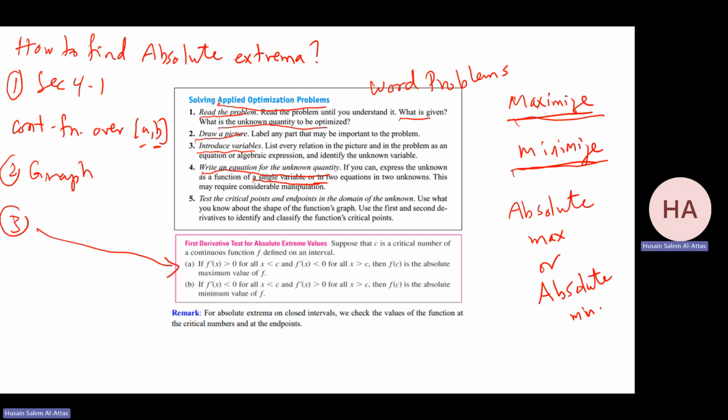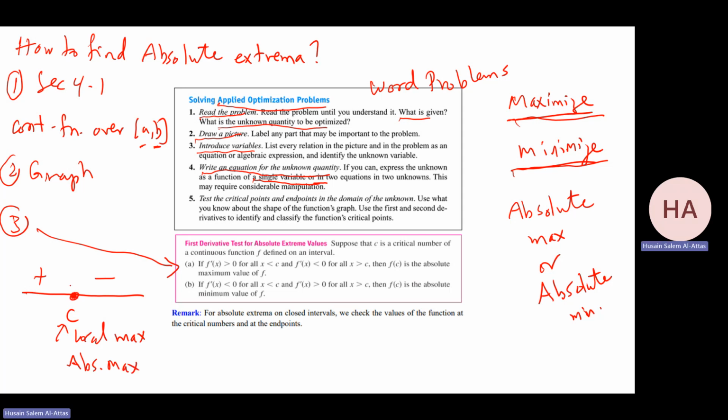So what's the idea here? If C is a critical number, and before C, f prime is positive, and after C, f prime is negative, then for sure C will be a local max. However, it's not only a local max, it will be an absolute max if there is only one change.